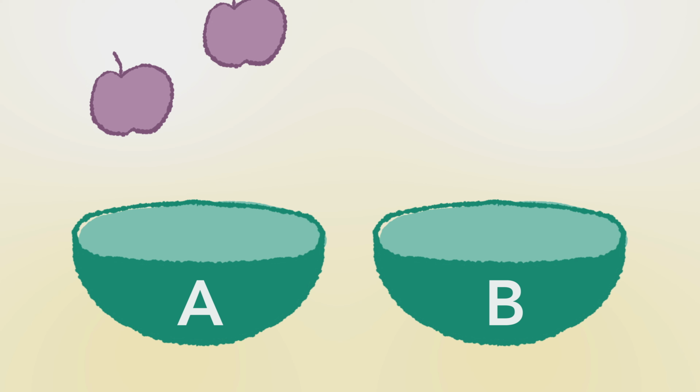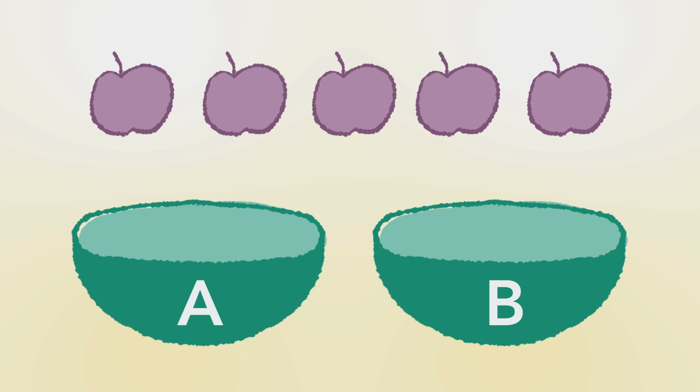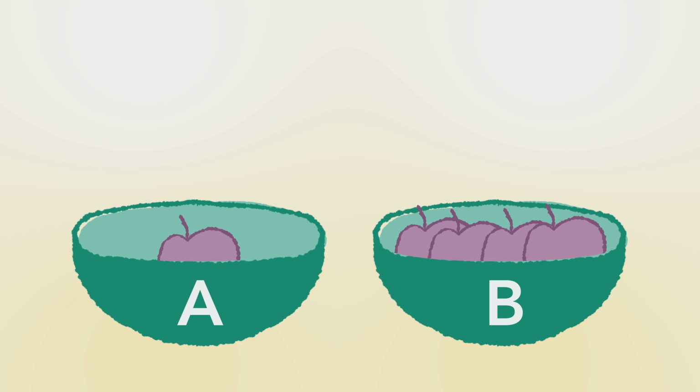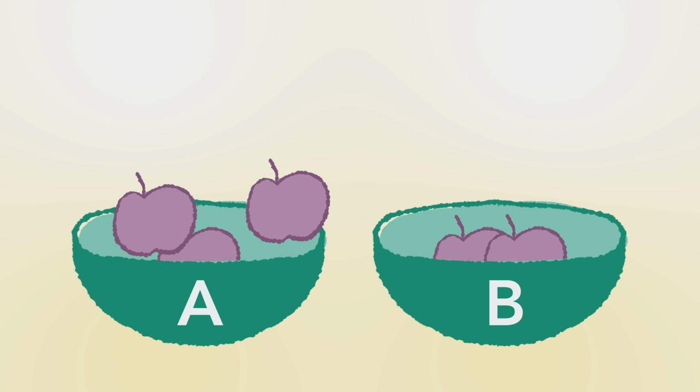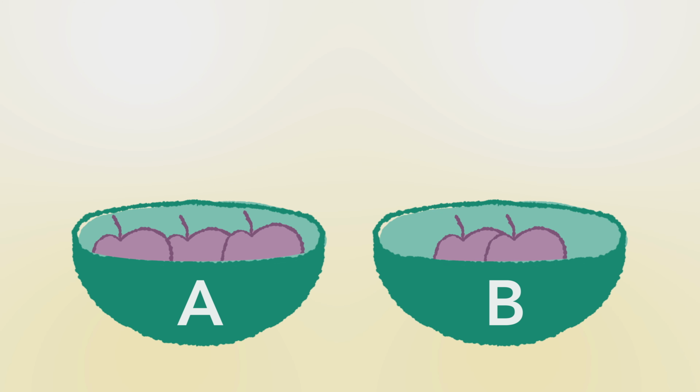To help develop their number knowledge, children need multiple opportunities to see the different ways a single set can be broken into many parts. 5 apples can be put into 2 bowls, with 1 in bowl A and 4 in bowl B. Or with 3 in bowl A and 2 in bowl B. 9 can be thought of as 2 and 7, 4 and 5, or 8 and 1.